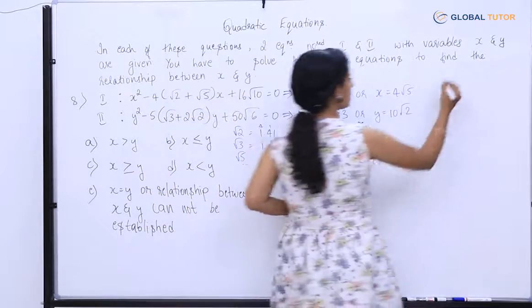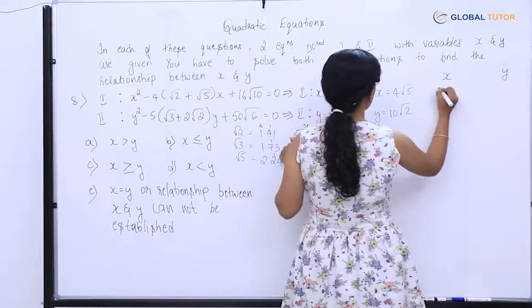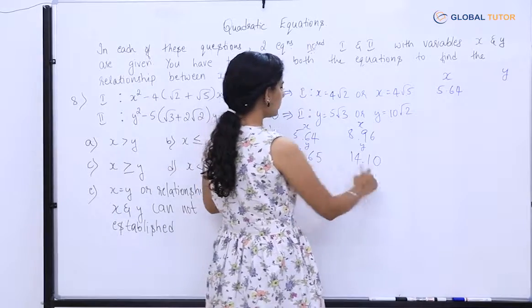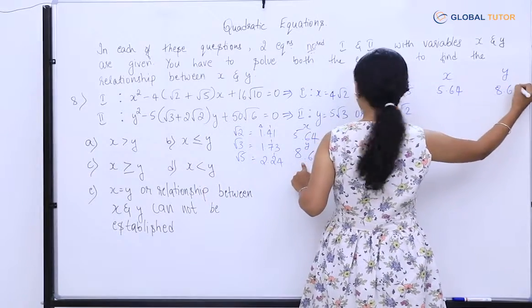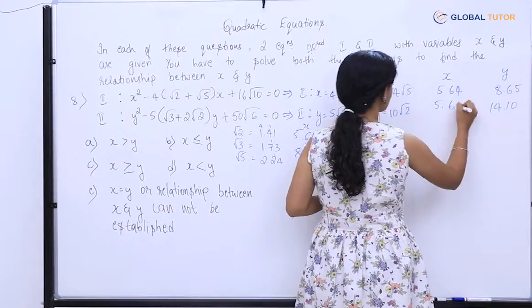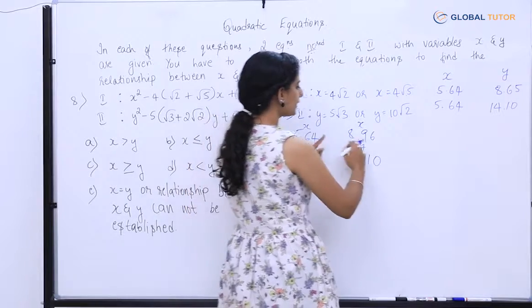Let us compare it. I am writing all the x values here. So 5.64 has to be compared with 8.65 as well as 14.10. Then 4 root 5 is 8.96.